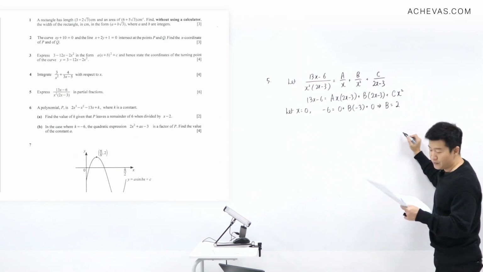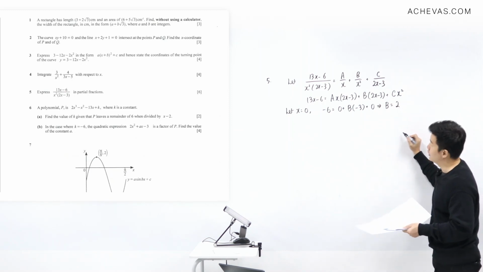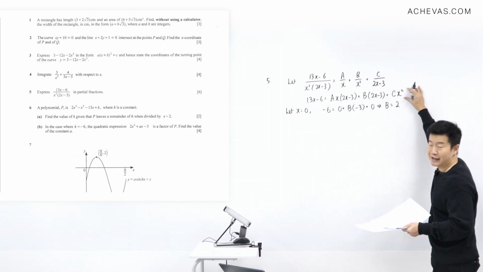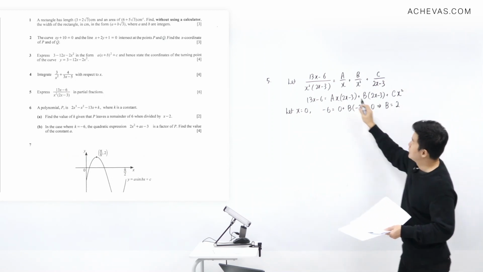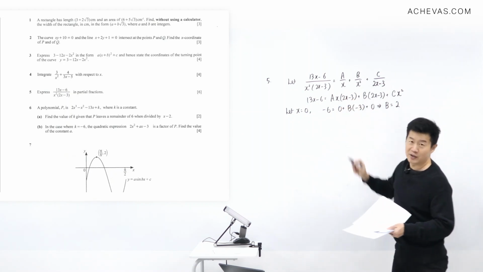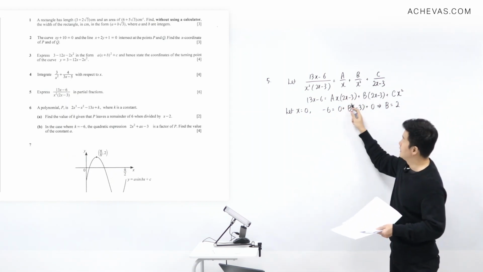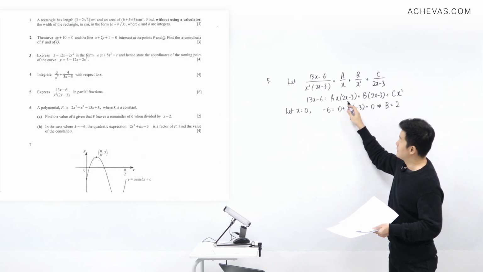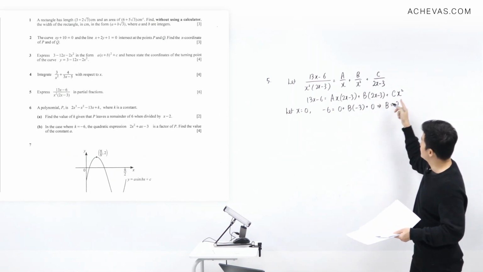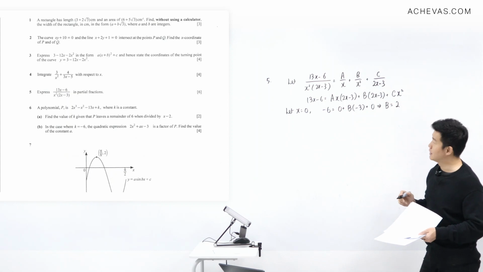Is there any other convenient value that we can substitute into this equation so that I can get either a or c quickly? I think so. It is the value of x that causes 2x minus 3 to become 0. When x is equal to 3 over 2, this will become 0 and this will also become 0, so we will be able to get c directly.